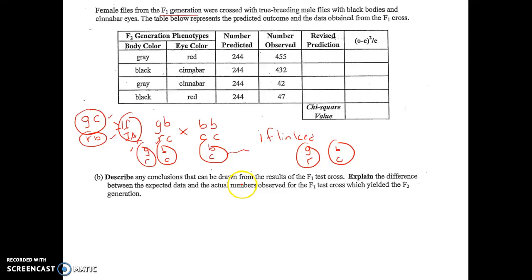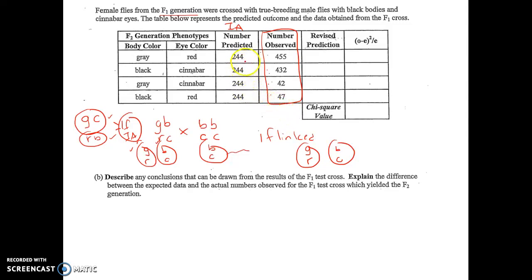So in this test cross, the reason I jumped to the linked thing, by the way, is that I had glanced at this already, and I noticed that for the observed number here, I'm not getting a 1-to-1-to-1-to-1 ratio. This predicted is what you would have if you had independently assorting, if body color and eye color were on two different chromosomes.